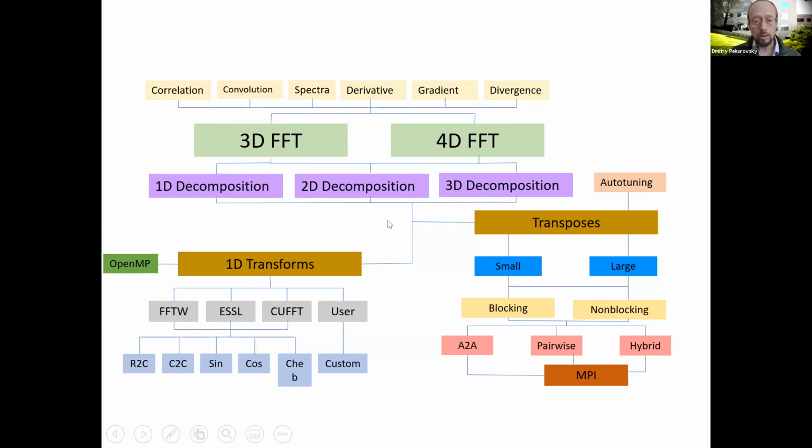It is built on top of the 1D transforms that I mentioned. They are implemented by using specialized libraries and transposes. There can be multiple different implementations of these transposes, but eventually it's all built on top of MPI.